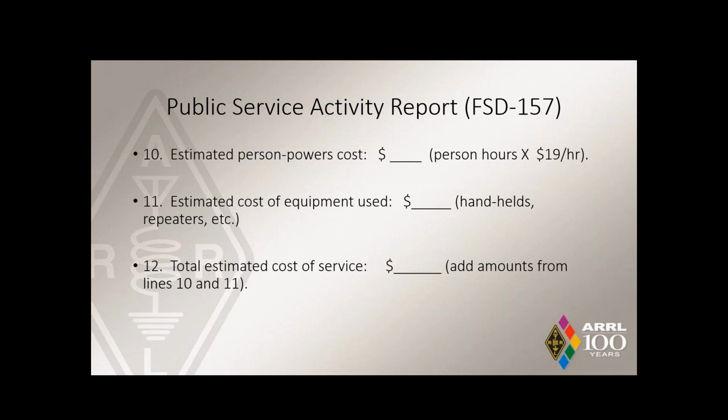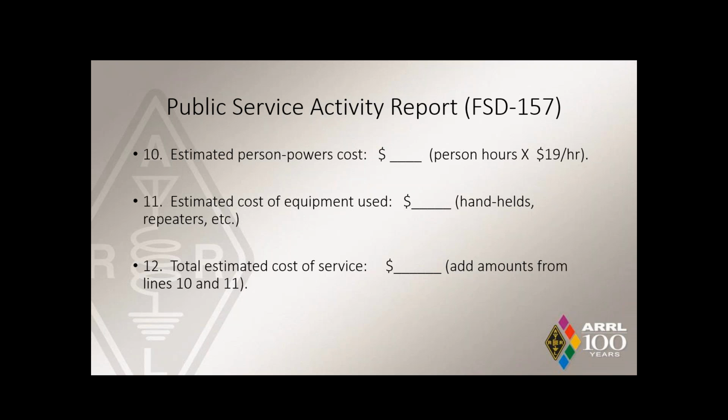Is it old equipment? You know, you gotta consider the depreciation of some equipment and that sort of thing. So it gets a bit confusing in that regard. That's the reason we think we're going to be changing this in future formats. But for now, just give us your best guess for point number 11.